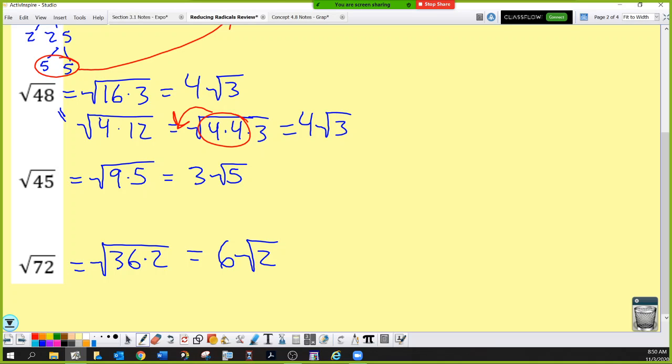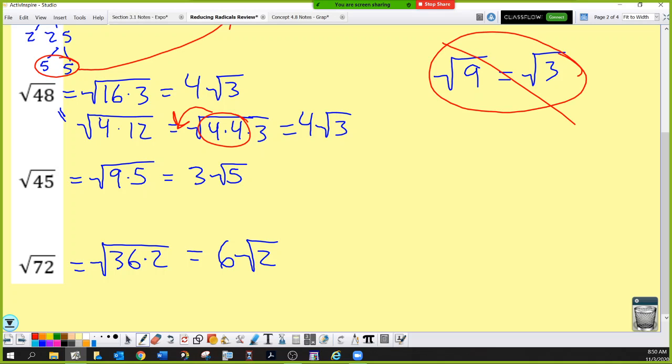And I can't tell you the number of times that I have seen someone say that the square root of 9, for example, is the square root of 3. This is not true. You see, the square root of 9 is 3, not square root 3.